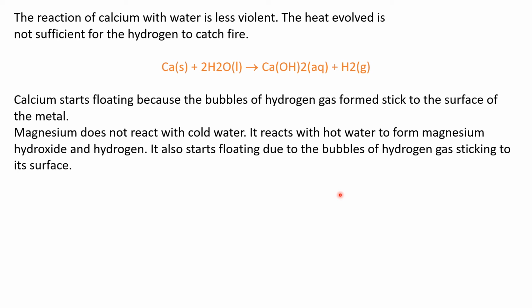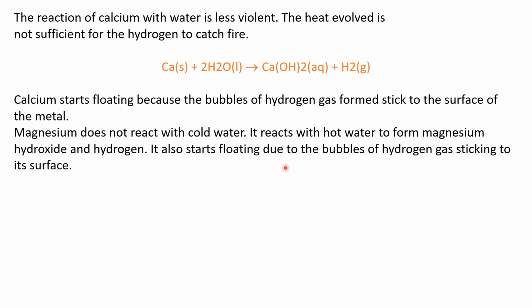So when metallic hydroxides are formed during the reaction of a metal with water, these metallic hydroxides and the formed hydrogen gas stay together. The hydrogen gets stuck to the metal and cannot escape to catch fire.